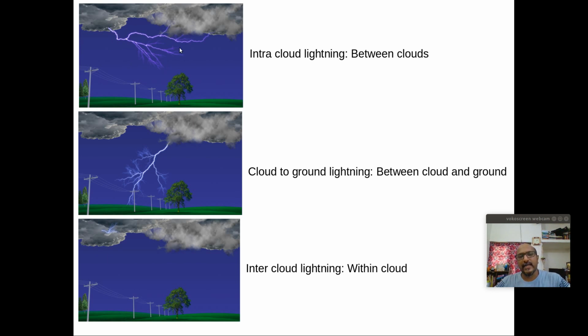And another, the normal type of lightning, from the cloud to ground, is known as cloud to ground lightning. And another type of lightning is within the cloud also, where sometimes positive and negative charged particles discharge within the cloud, that is known as intra-cloud lightning. So these are the different types of lightning in the atmosphere.